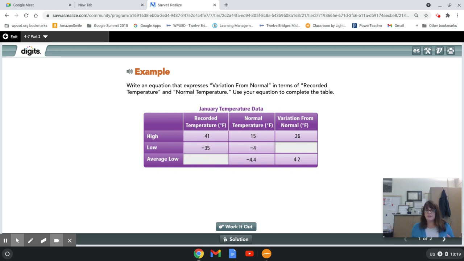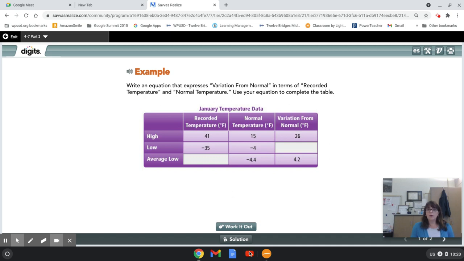Variation from normal in this case would mean how different is it? How weird was that temperature? So logically, if I want to say, well, how far off is that? How weird is that? I would just be finding the difference between what happened and quote unquote normal or expected.